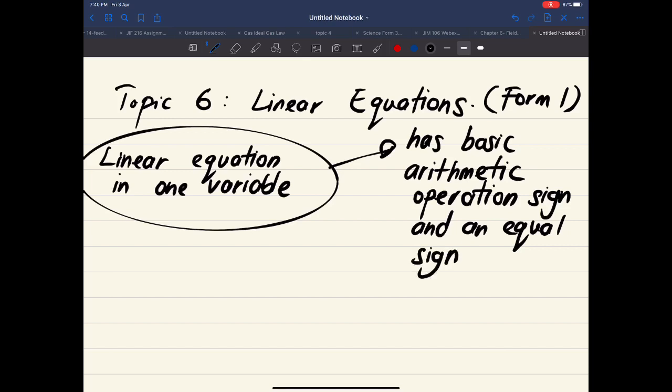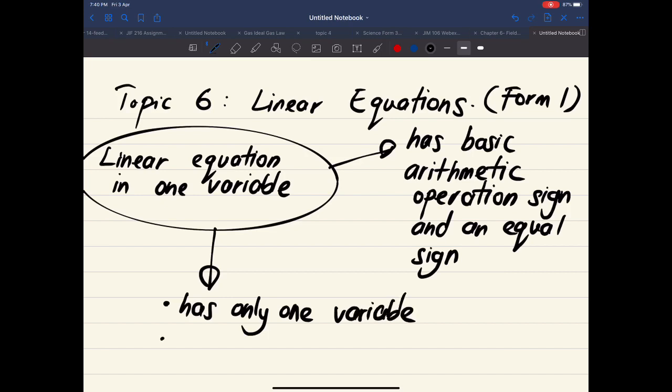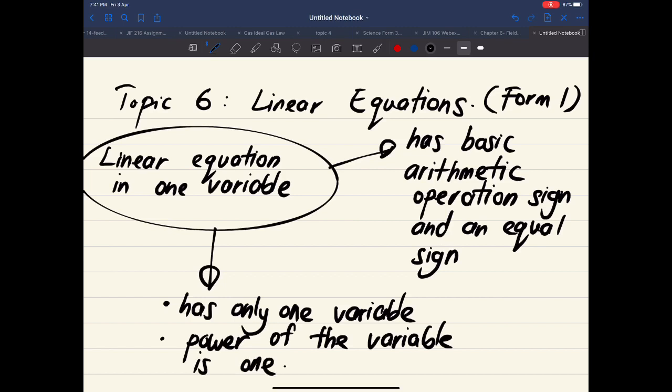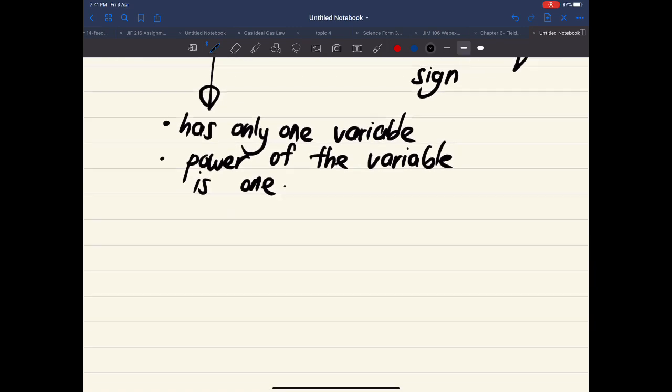And it has only one variable, and the power of the variable is 1. Okay, so now I'll show you some examples of it.